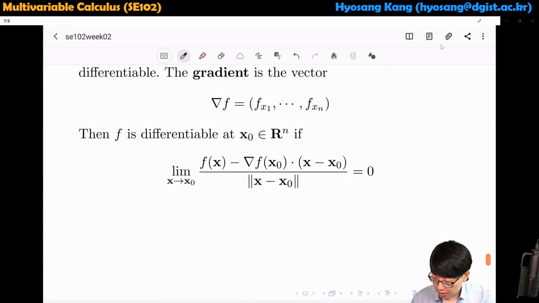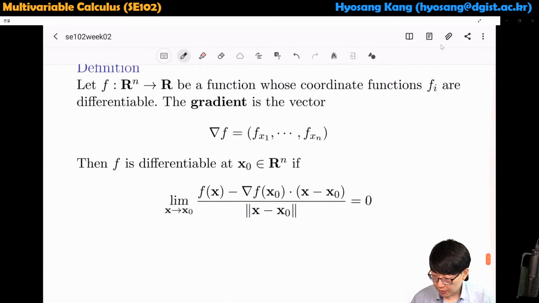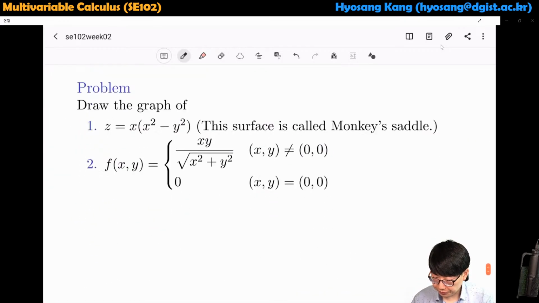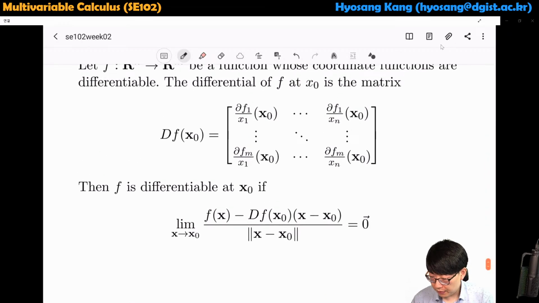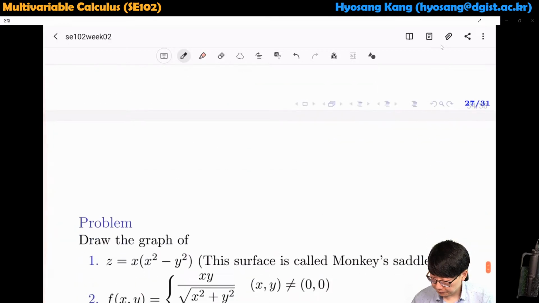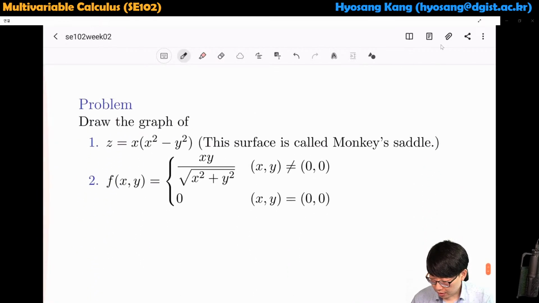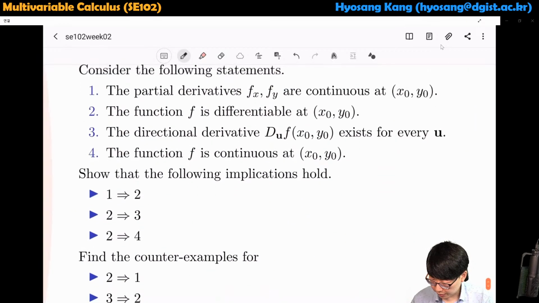Once we have the definition of differentiability for the special type of multivariable function, then we need to generalize to multivariable functions of the general type. So we need a notion of gradient and a notion of differential as a matrix, and then we can define the differentiability of multivariable functions more generally. I will explain these two slides next time, but let me do some problems here.